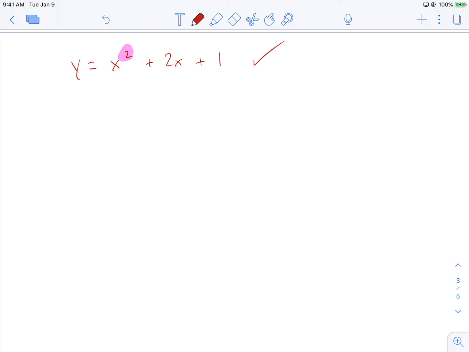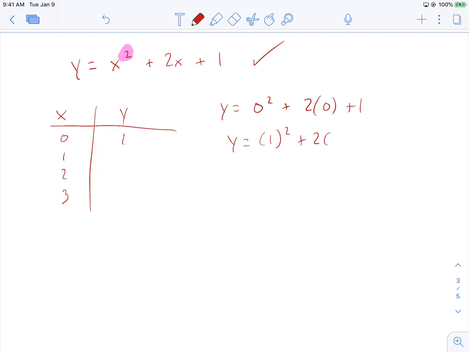So what we'll do here is we'll make a table of values. We'll look at 0, 1, 2, 3, and we'll plug it in. So we're going to use y equals 0 squared plus 2 times 0 plus 1. And if you put that in your calculator, that's going to give you 1. y equals 1 squared plus 2 times 1 plus 1.